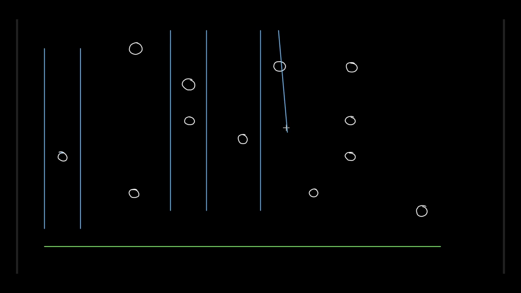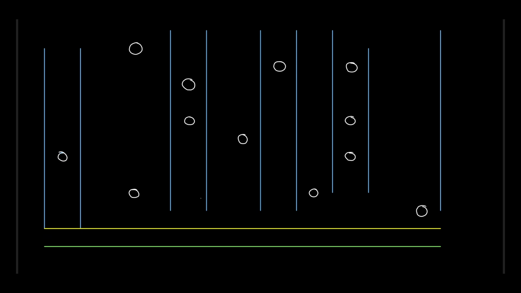So you can place one barrier over here, another barrier here, and then another barrier over here, one over here, one over here, and then one last barrier over here. And in this last barrier, you can see that all the points are on the left side and the right region is empty.